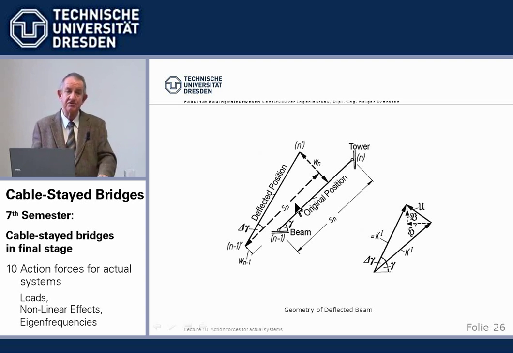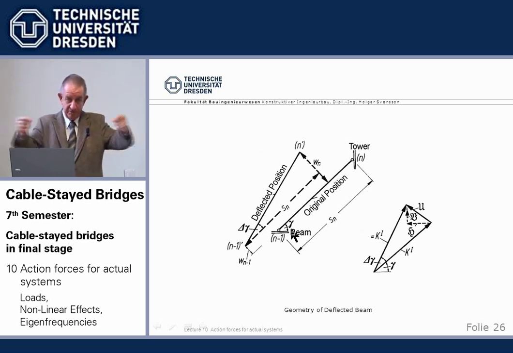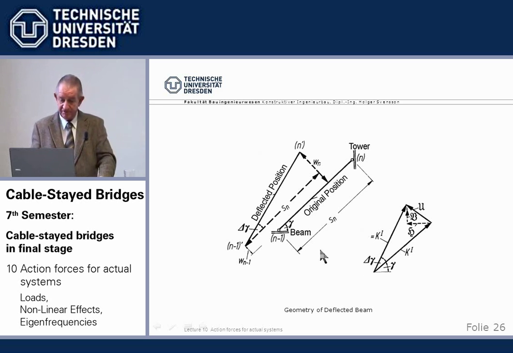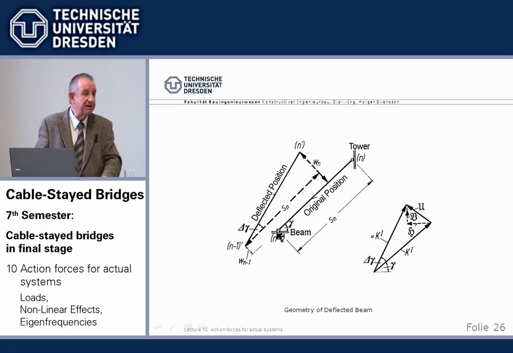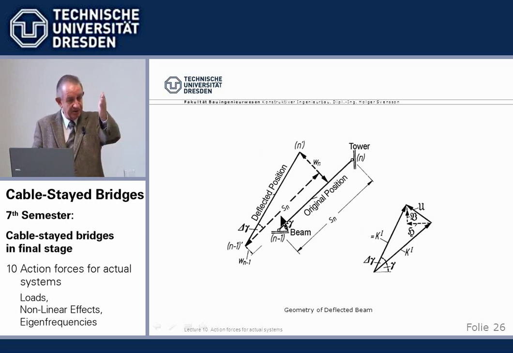We have an increase of moments because of the, say, shifting of the normal force in the beam. If I have a load, the beam shifts down, bigger lever arm, bigger moment. That's okay, what we expect.